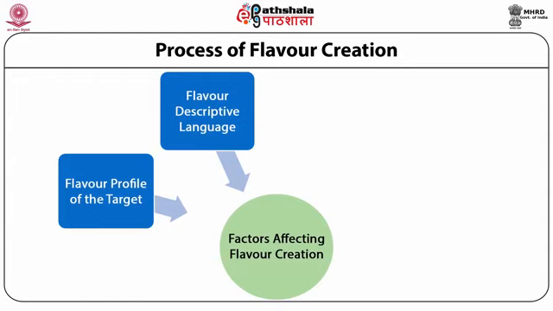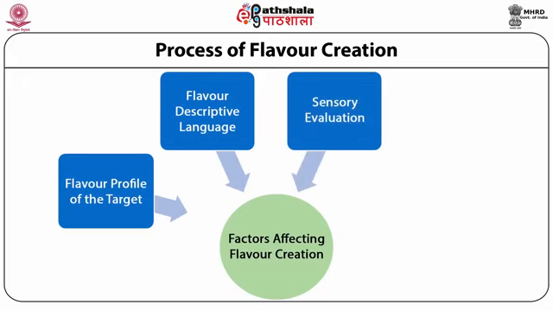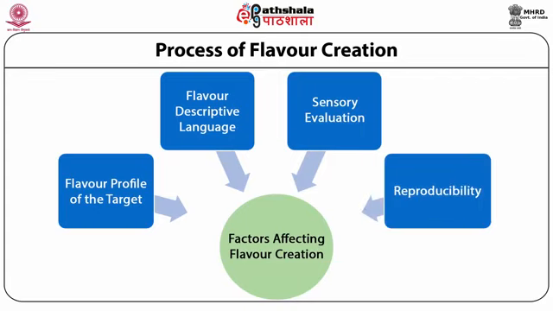Is it actually mimicking a particular flavor, or what is it? So flavor descriptive language will also affect the creation of flavor. Then obviously, very importantly, sensory evaluation of that particular flavor, and yes, reproducibility. It is not a one-time process, it should be reproducible. So accordingly, a particular approach is selected and taken forward for industrial application.